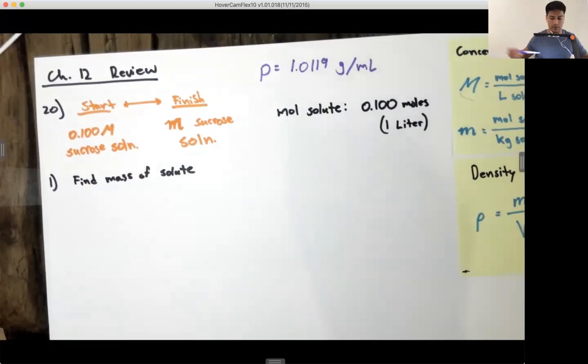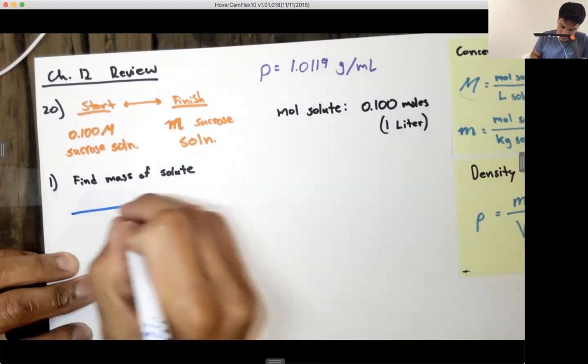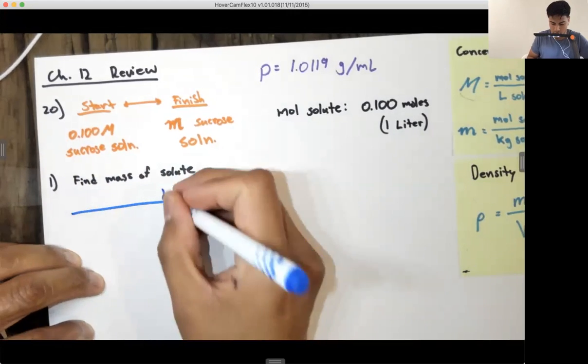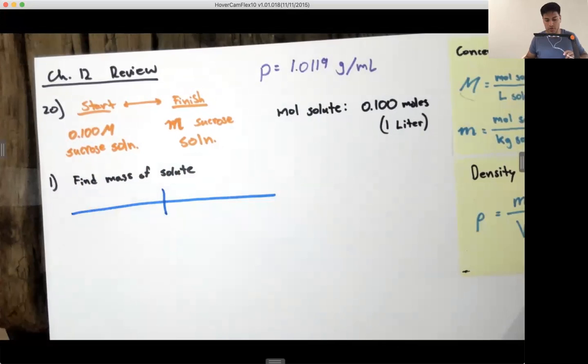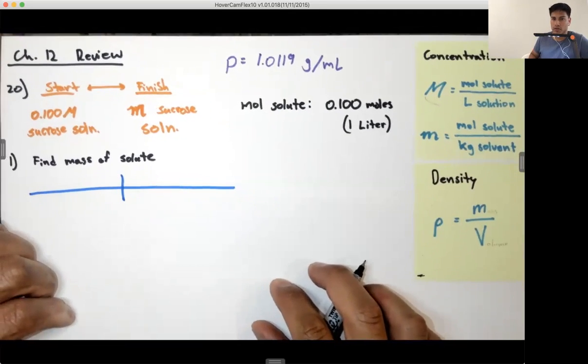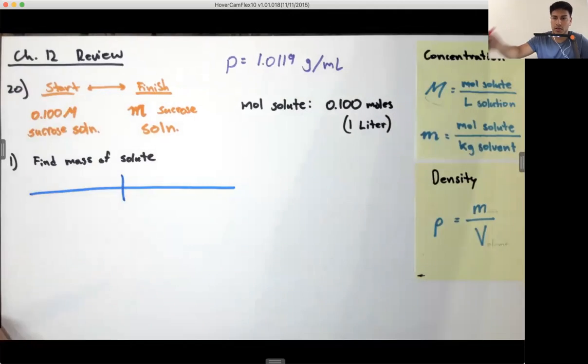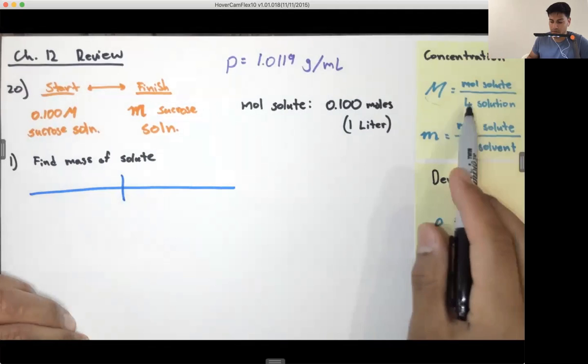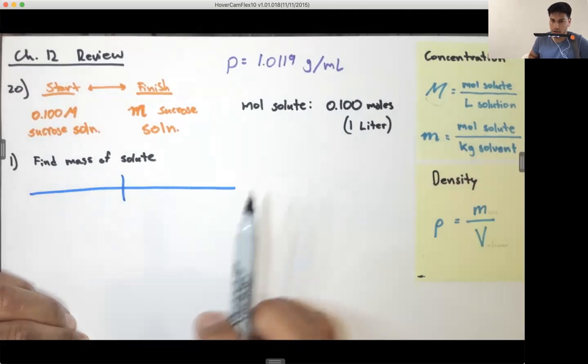How do we find the mass of the solute? We're going to use the periodic table. So what are we starting with in this case? How many moles of the solute? How many moles of sucrose are there? And now remember, we're referring this to all 1 liter. Pretending that the whole solution is 1 liter, because that's the only way that this will work here. The molarity is if we were in 1 liter.